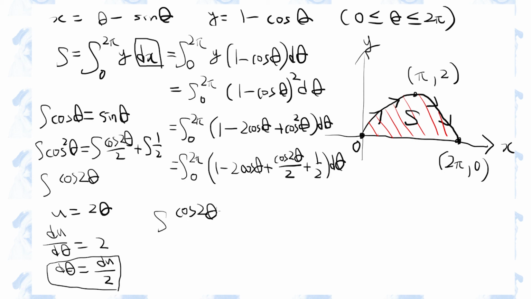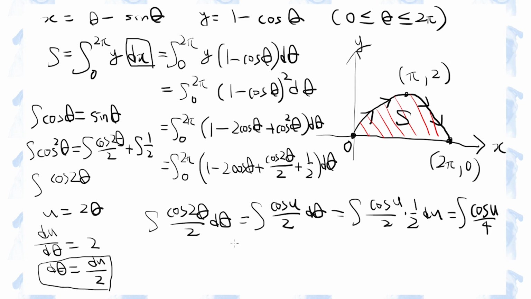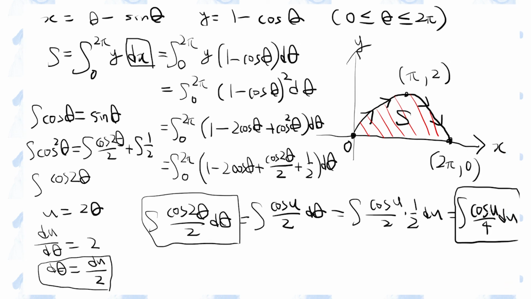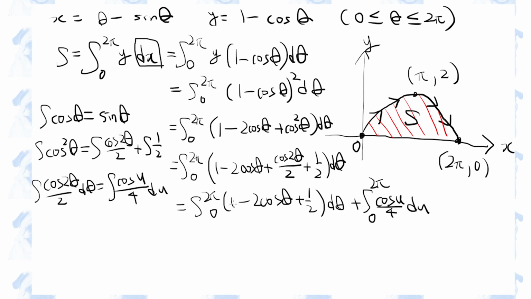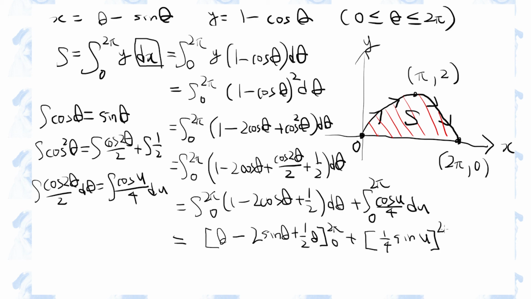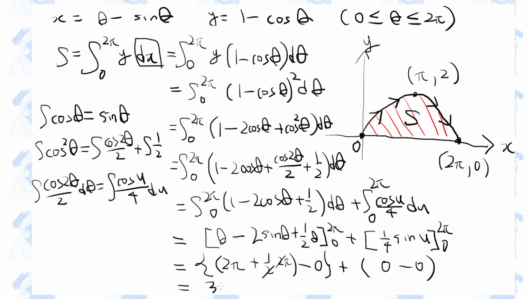Cosine 2 theta over 2 d theta is cosine u over 2 d theta, and d theta is equal to du over 2. So this is equal to cosine u over 4 du. Now we can finally perform the integration. The area S is 3 pi.